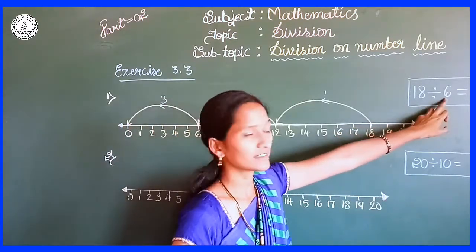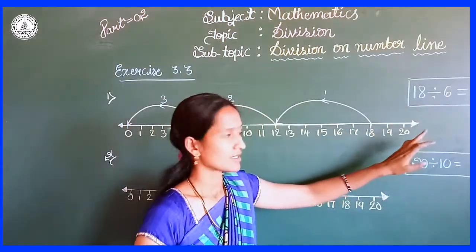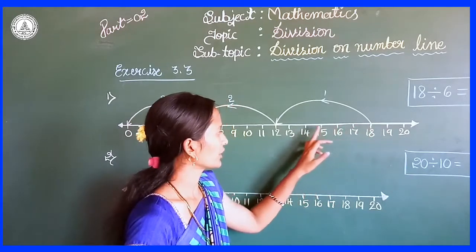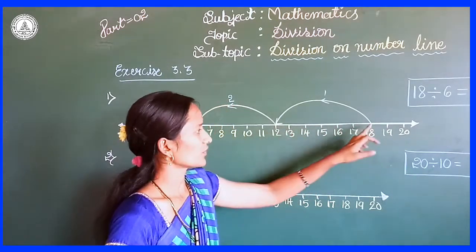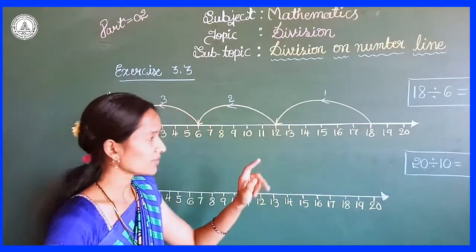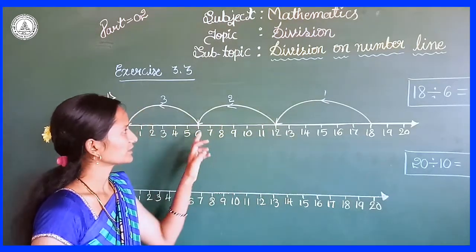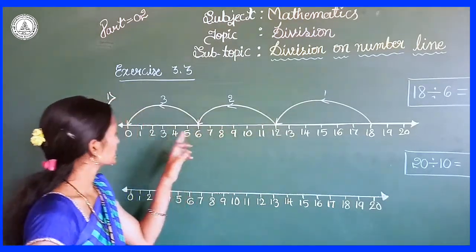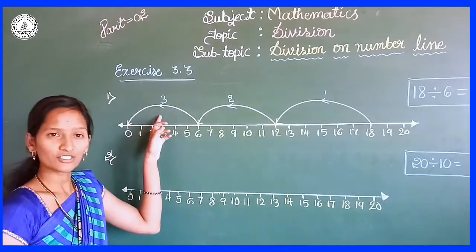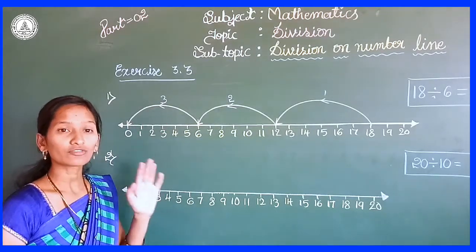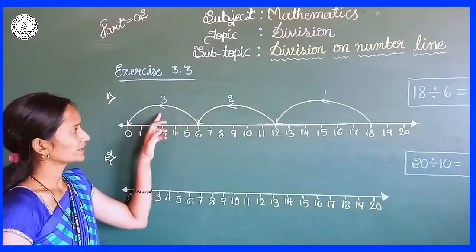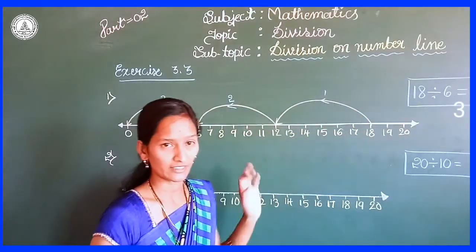And this 6 is the number of steps. See here, 1, 2, 3, 4, 5, 6. So from 18 to 12, this is the first jump. Next, from 12 to 6, this is the second jump. And 6 to 0, it is the third jump. So here, the number of jumps are 1, 2, 3. So the answer is 3 here.